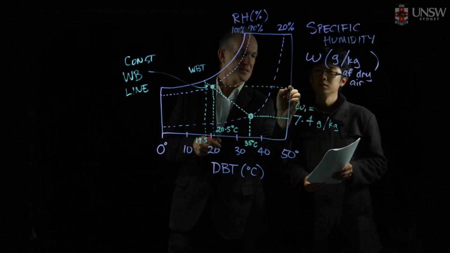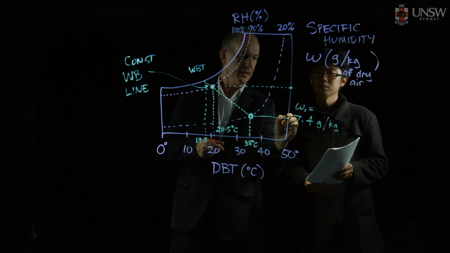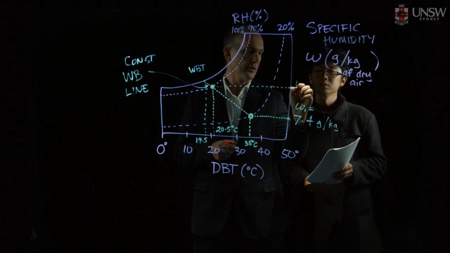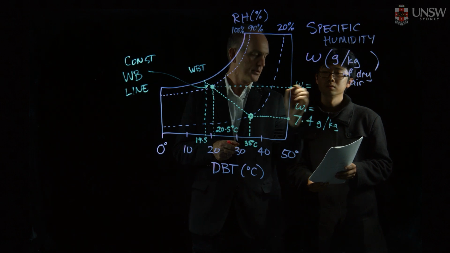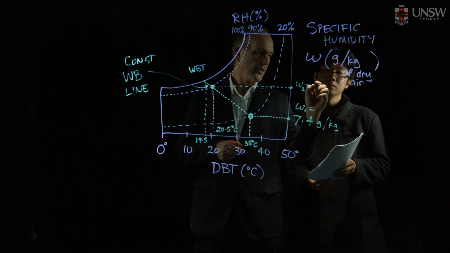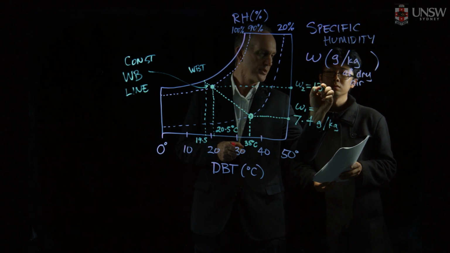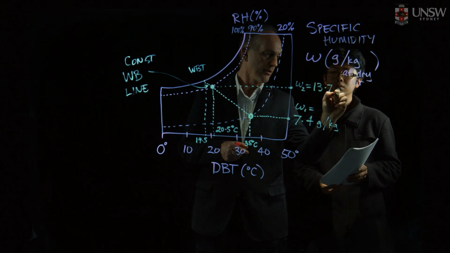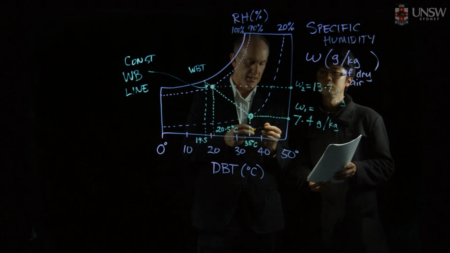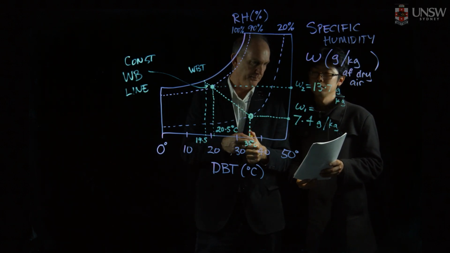We want to know the specific humidity of the outlet air. We come across to the vertical axis and find omega 2 will be equal to something like 13.7 grams per kilogram. And I'm leaving off the dry air because I'm assuming everyone's happy with that.